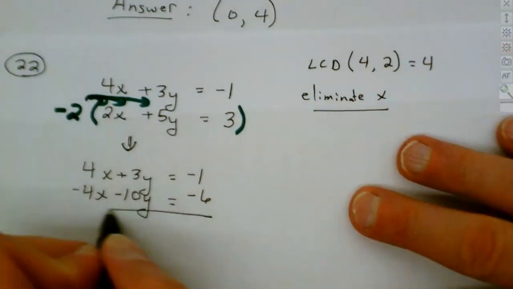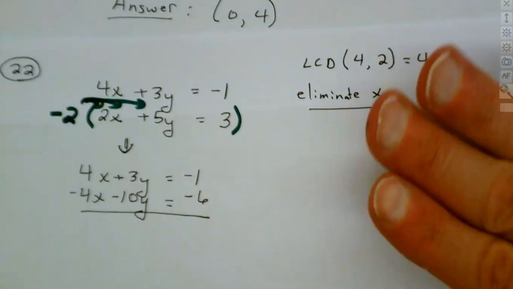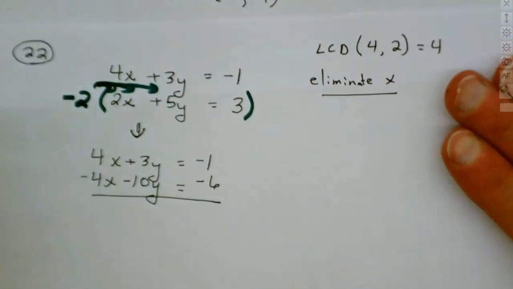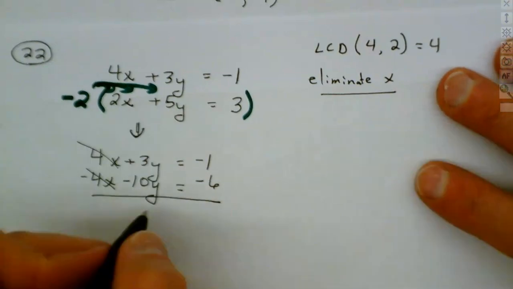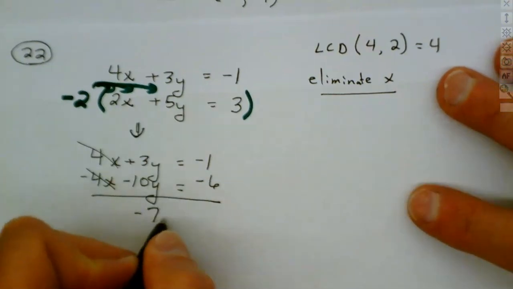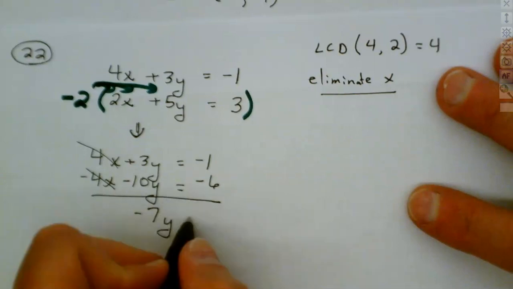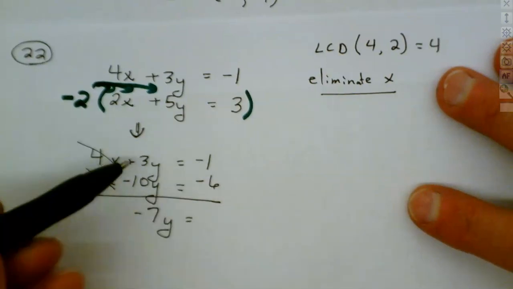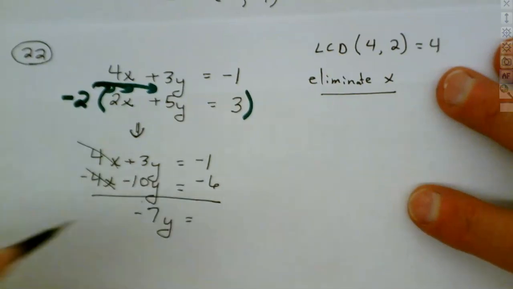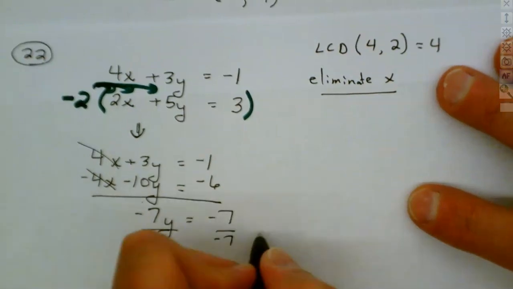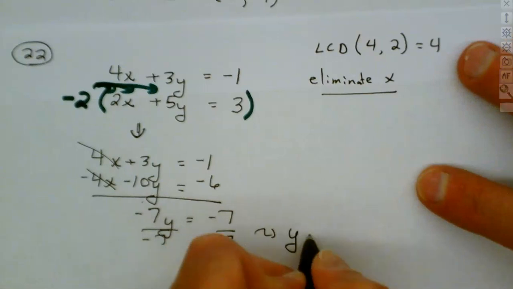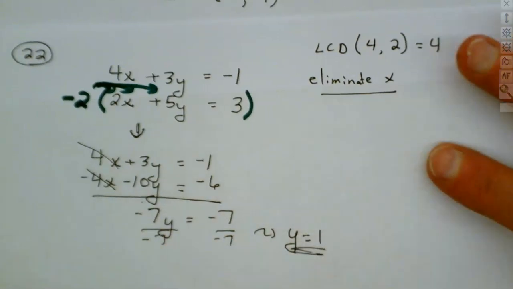If we did it correctly, we should eliminate the variable x. And that works because those go away. And so what are we now left with? We're left with a minus 7y over here. Minus 1 minus 6 makes it minus 7. Divide by your negative 7. And now we have y equaling 1.